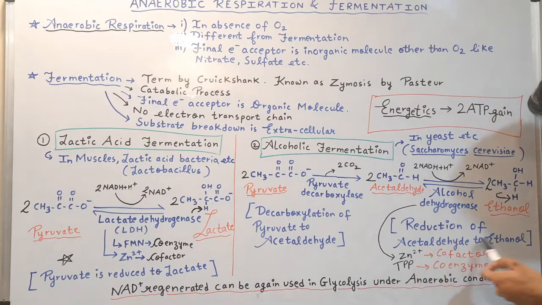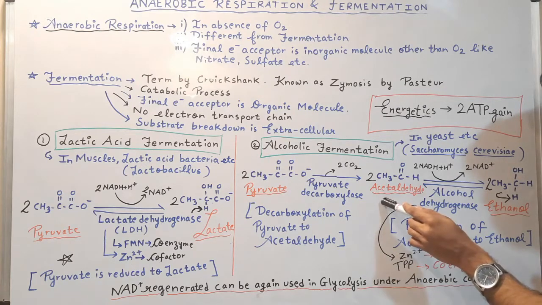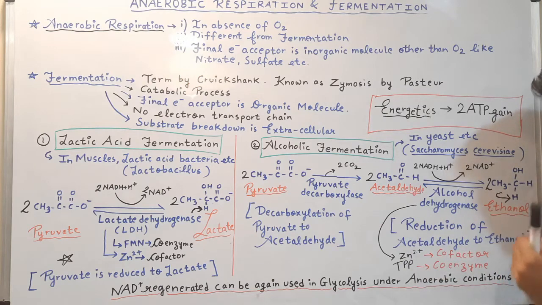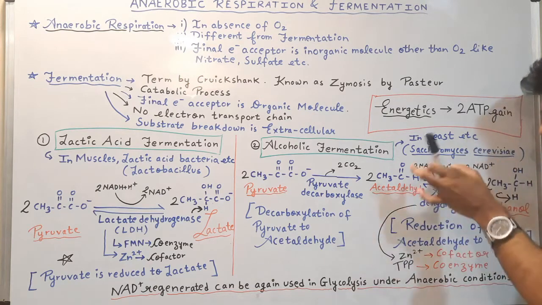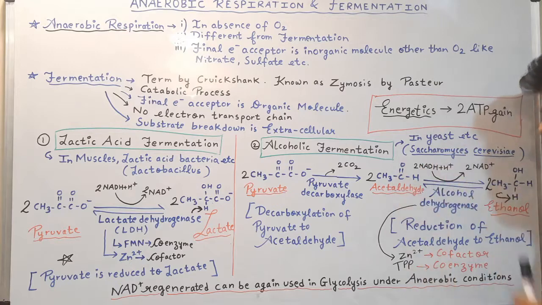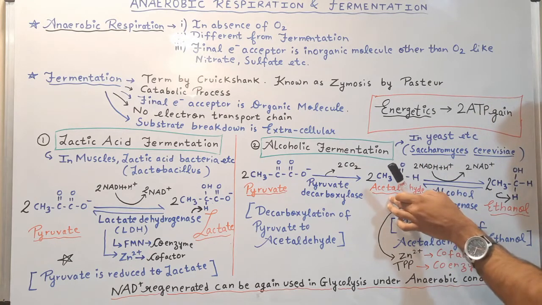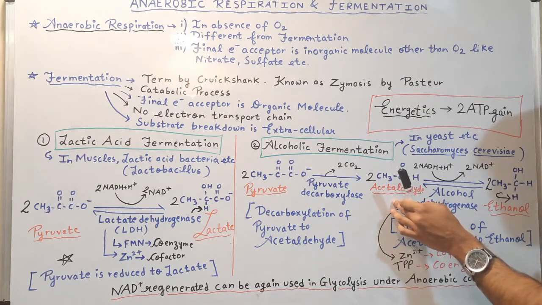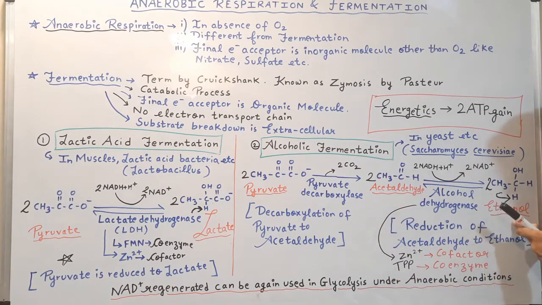There is reduction of acetaldehyde to ethanol, because acetaldehyde accepts the hydrogen atom released from the oxidation of NADH plus H plus, due to which it gets converted, or reduced, into ethanol.